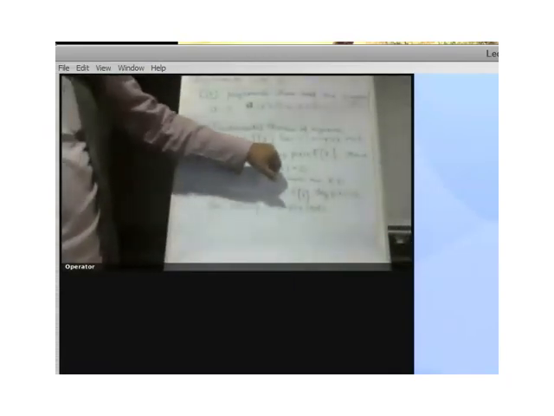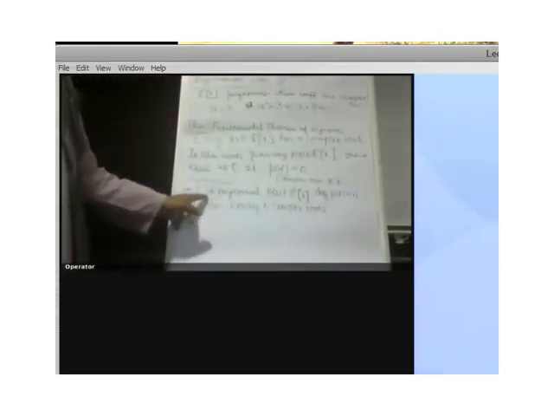Okay? So this is saying that every polynomial has a complex root, which actually means that a polynomial of degree n has exactly n roots. So what does it mean?